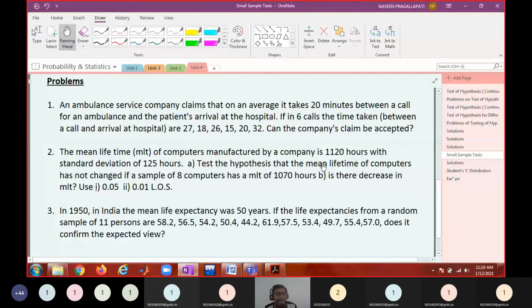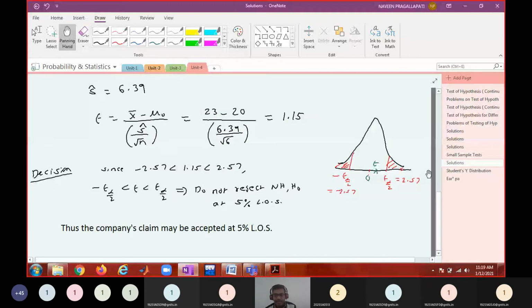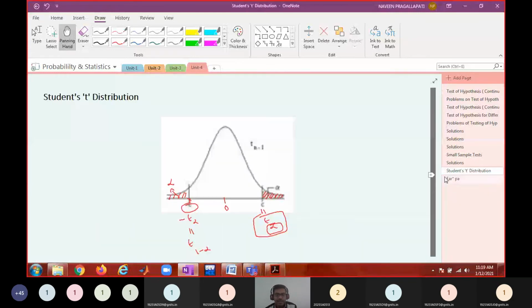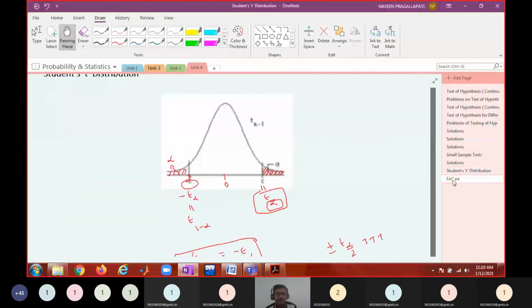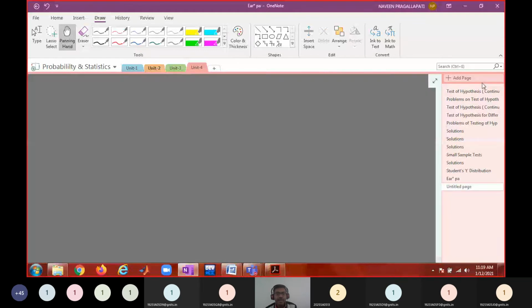Now shall we do this problem? Yes. So minor changes you need to make if you really want to apply the test, because data may not be perfect every time. Sometimes we need to make minor modifications.